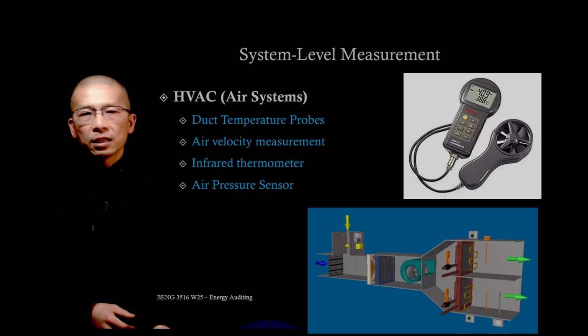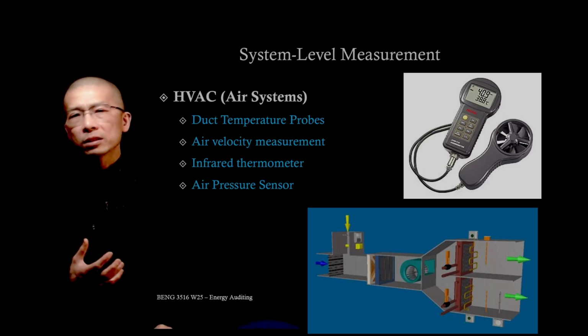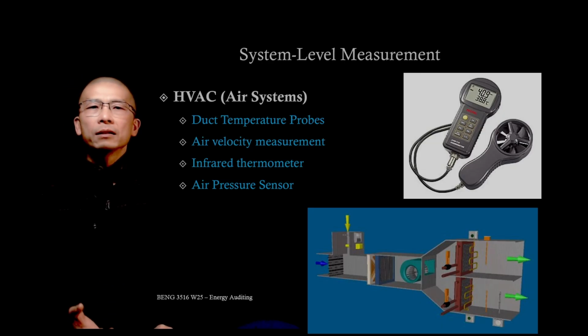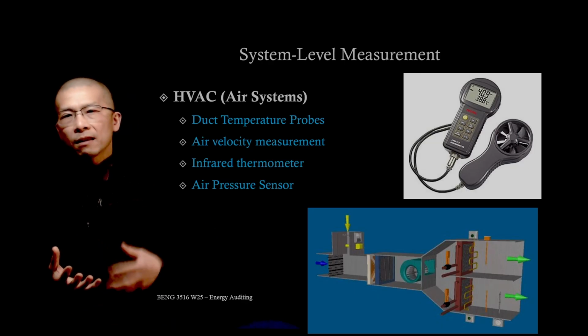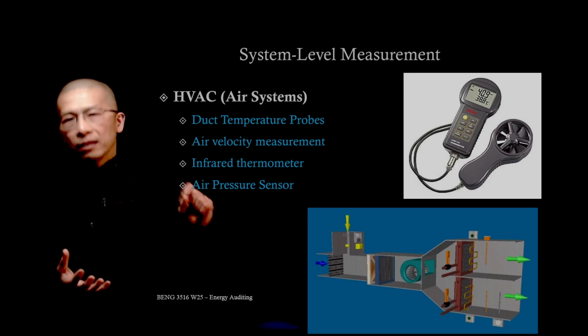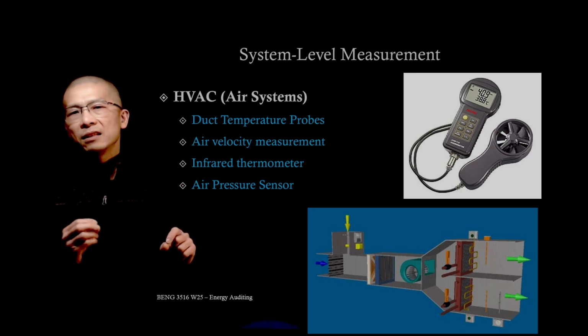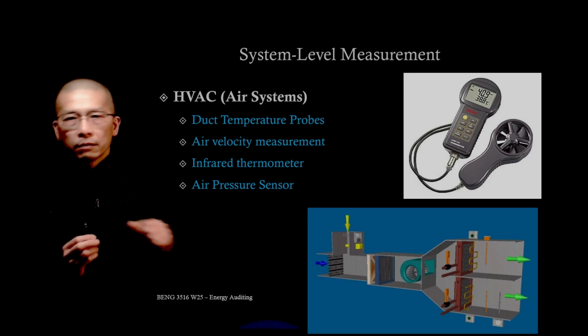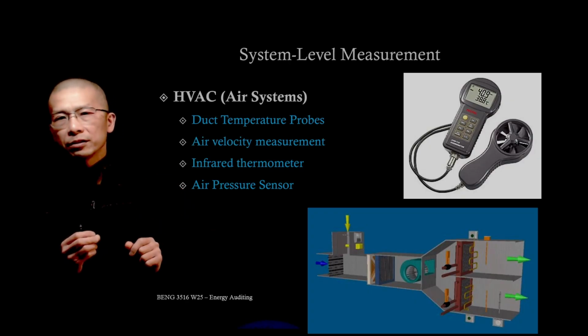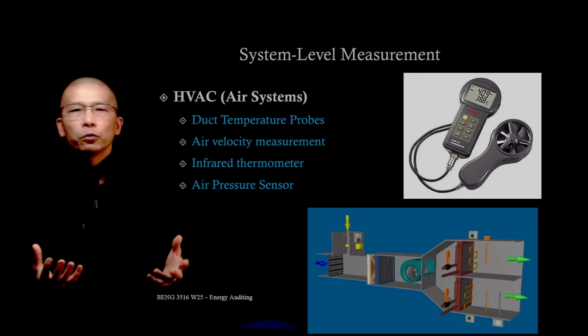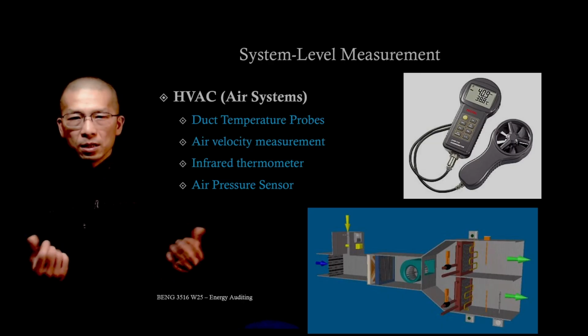The velocity measurement tells us how fast air is moving through ducts and across supply grills. Tools such as vane and hot wire anemometers, and in some cases pitot tubes, right, to measure pressure, allow us to evaluate whether airflow rates are appropriate.